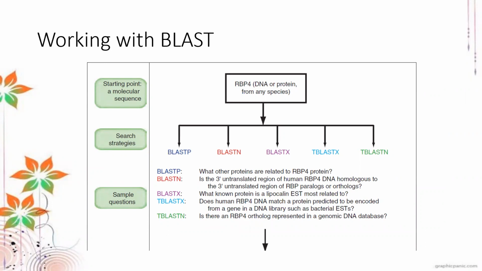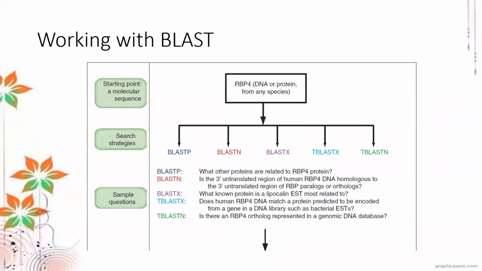So, working with BLAST. For example, we want to do a study using BLAST. What studies can we do? The starting point with anything we do with BLAST is you have a sequence. It can be either DNA, RNA, or a protein sequence, and we choose a search strategy.